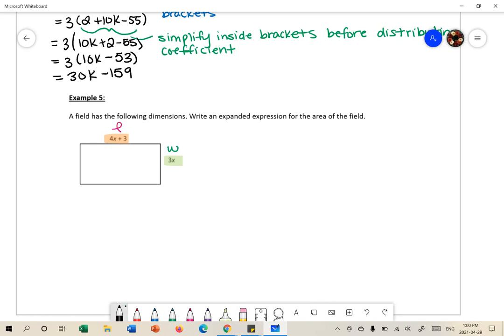We know that area is equal to length times width. So instead of L and W, I'm going to sub in 4x plus 3 and 3x. Now I'm going to use the distributive property to expand out of the brackets. I can't simplify any further because these terms are not like.